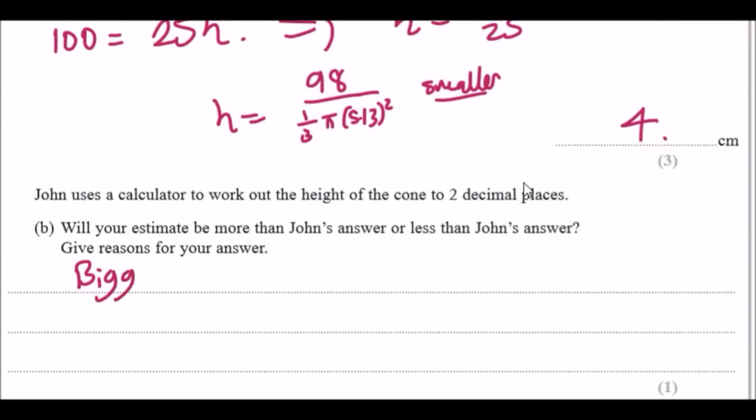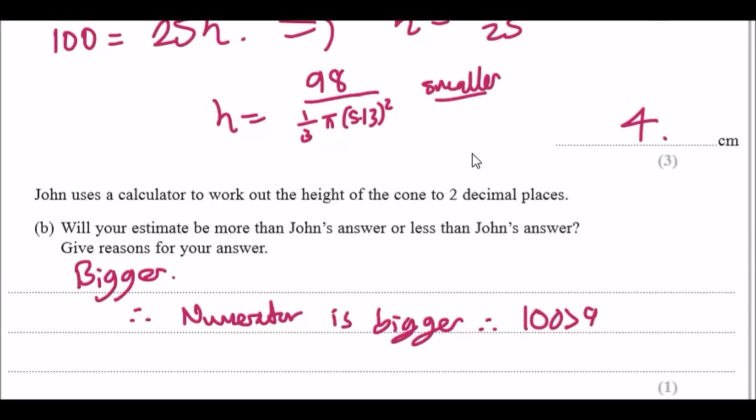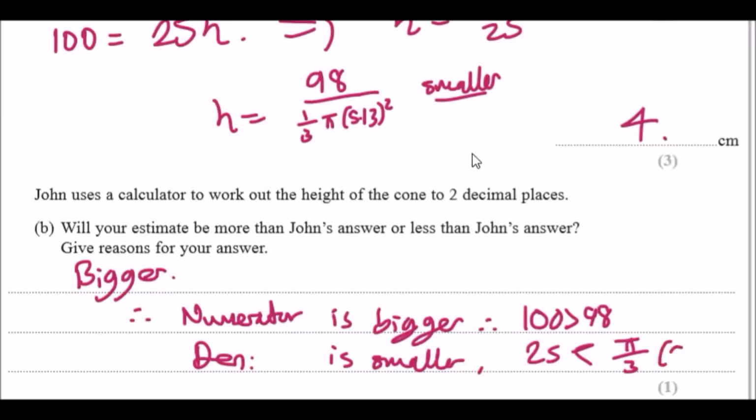You can just say because the numerator is bigger, 100 is bigger than 98, and the denominator is smaller, since 25 is less than, well, we're going to assume pi over 3 times 5.13 squared, definitely.